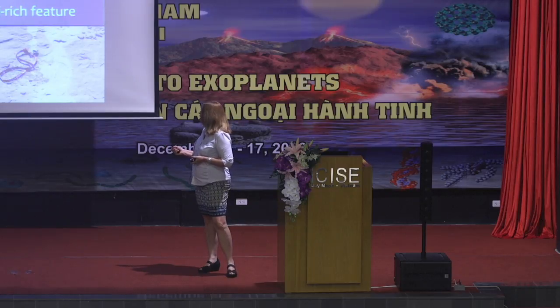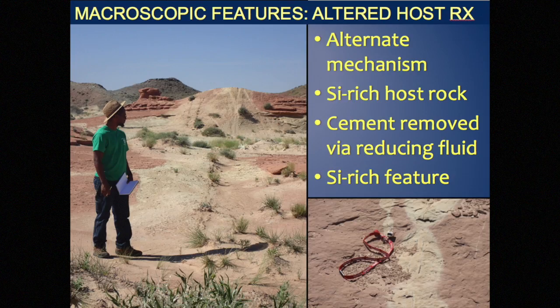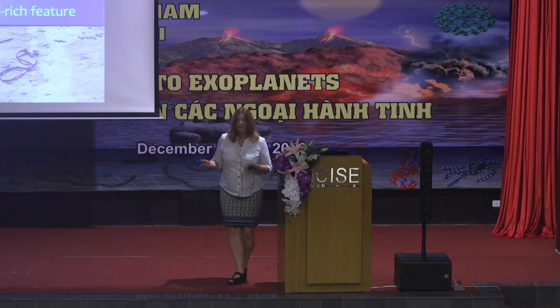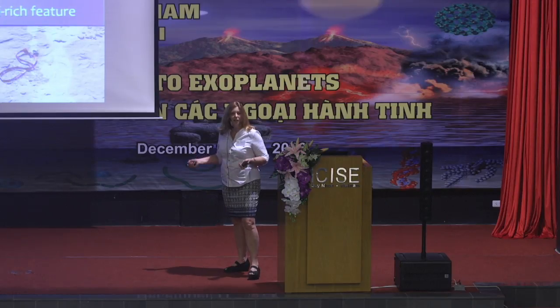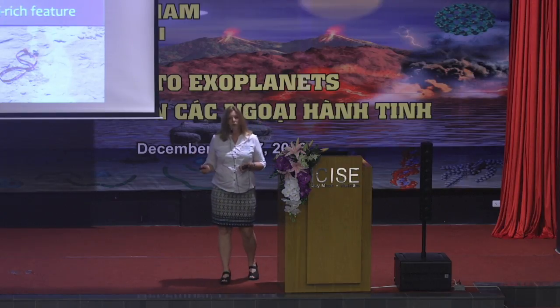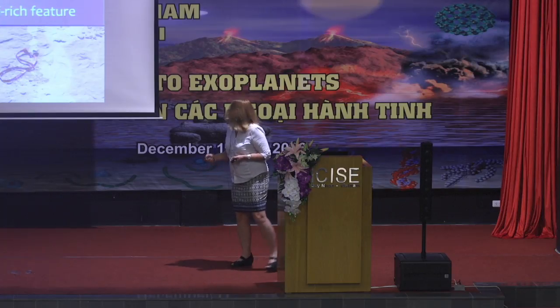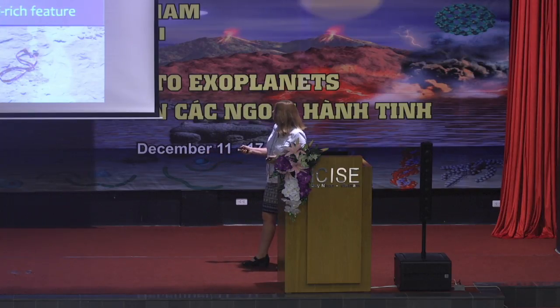This would have been a fracture within the rock underneath a paleo land surface, where fluids moving up through this fracture and then emanating out onto the paleo land surface that has now eroded away in the last 400,000 years. And with aerial data, this would look enriched in silica because the cement has been removed. So relatively, it's enriched in silica compared to the red host rock over here.